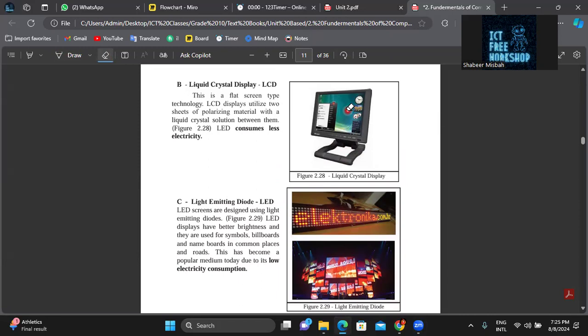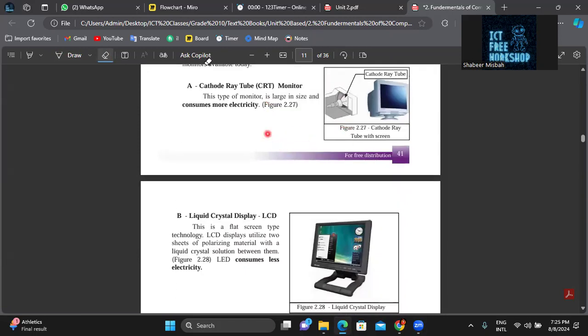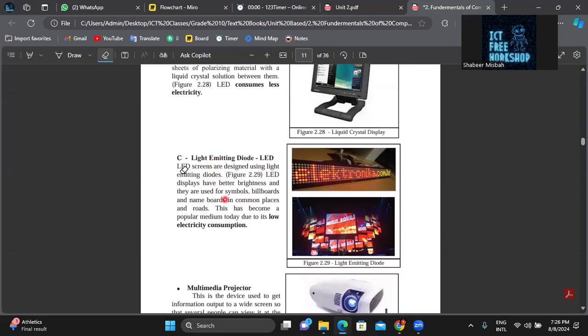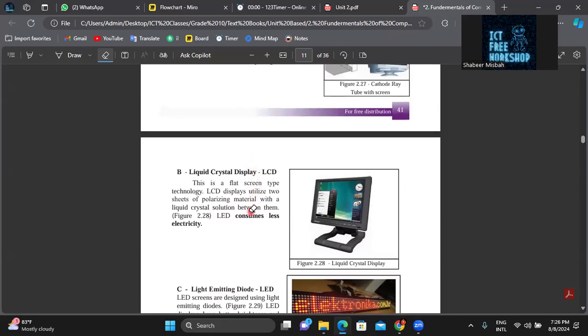So liquid crystal display monitors consume more electricity and have more quality. When we compare all of these, the light emitting diode LED monitor consumes the least electricity compared with the three of them.